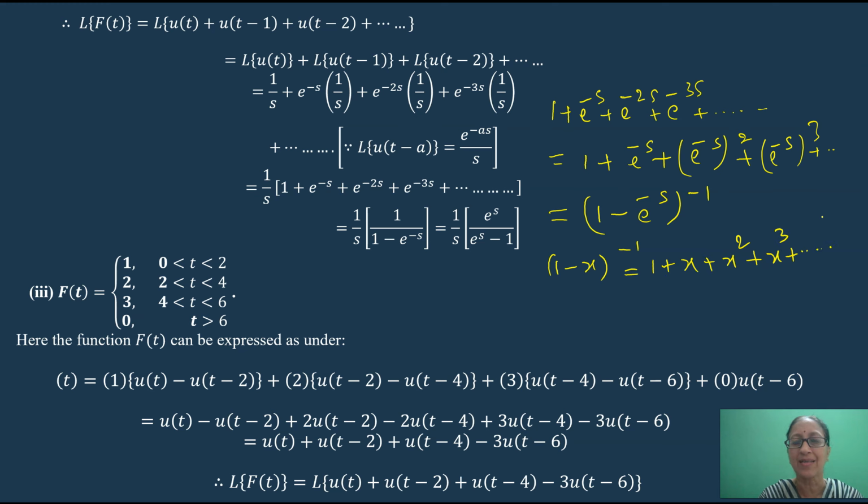So this expansion can be written as 1 minus e power minus s raised to minus 1.